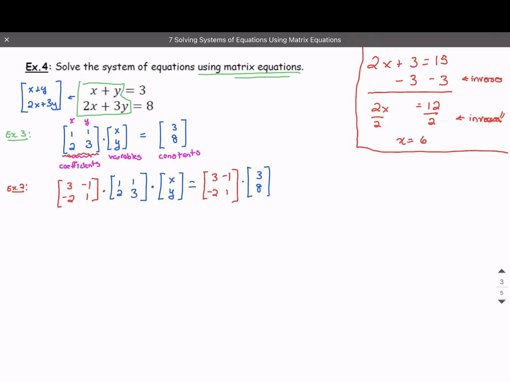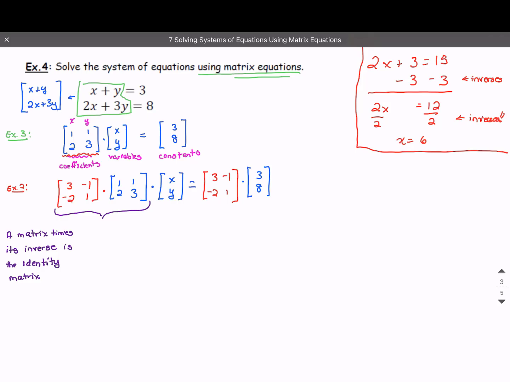Okay, so now we should know that if we multiply these, what should we get? A matrix times its inverse in either order. Whether the inverse is first or the matrix is first, doesn't matter. A matrix times its inverse is the identity matrix.